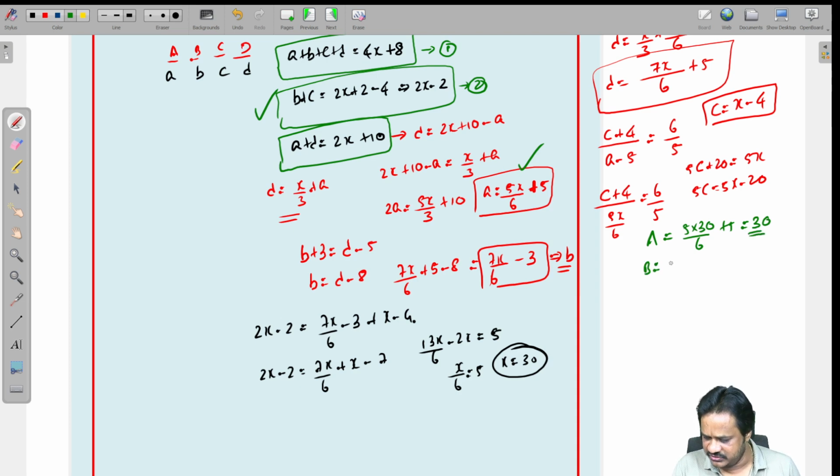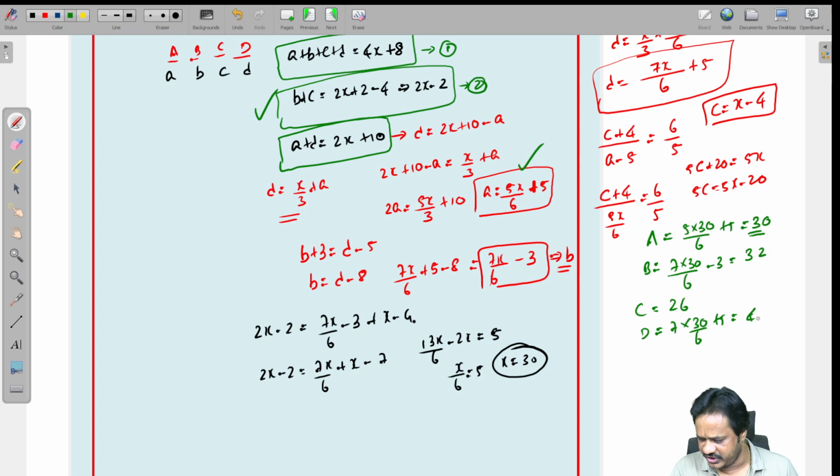What about the B value? B value is 7x by 6 minus 3, 7 into 30 by 6 minus 3, that will be equal to 35 minus 3, 32. That is the B value. What about C? x minus 4, 26. What about D? 7x by 6 plus 5, 7 into 30 by 6 plus 5.